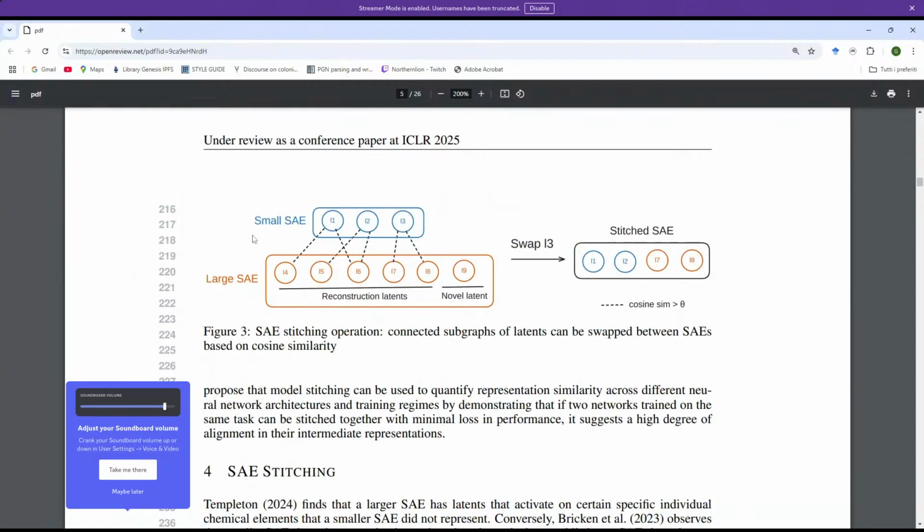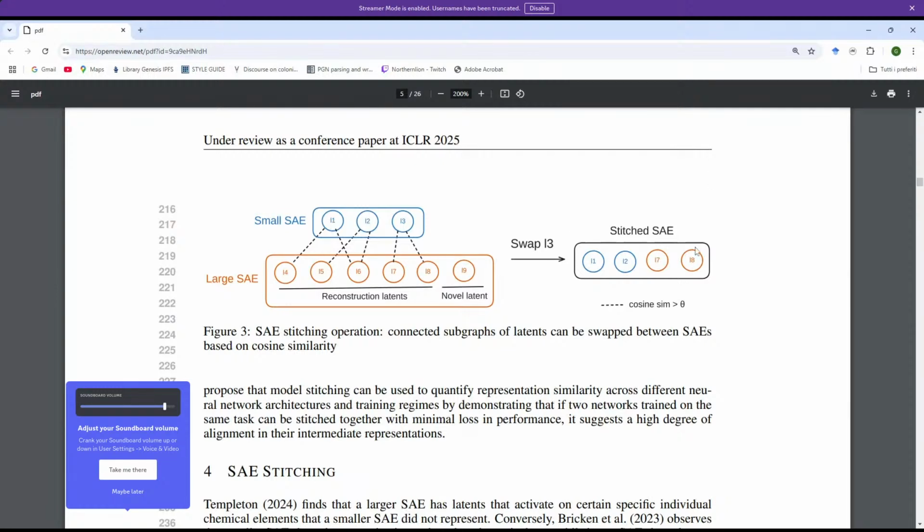And so what you can do is make an intermediate size between the small SAE and the large SAE that has this new novel latent. And if you want, you can even switch one of these. Here they switched L3 with L7.